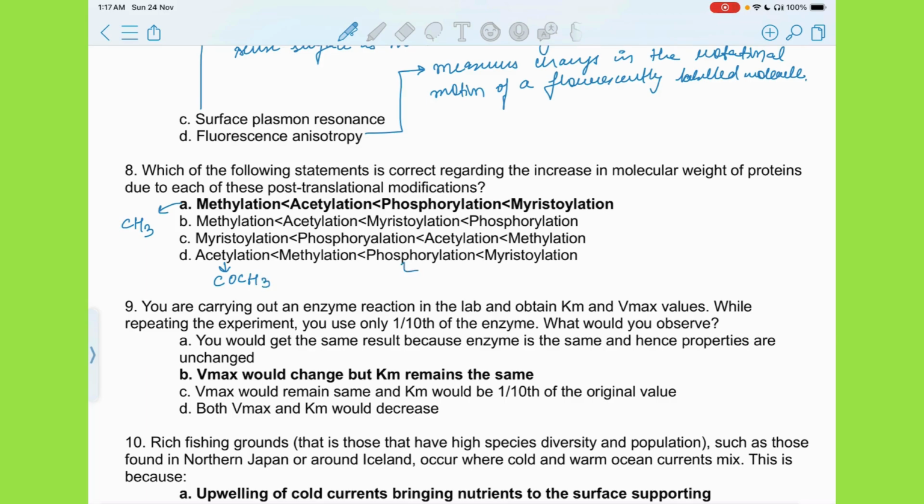For phosphorylation, it is PO4. And for myristylation, it is a 14 carbon fatty acid. So we are to check the molecular weight. This will be the heaviest, then this, then this, and then this. So option number A.